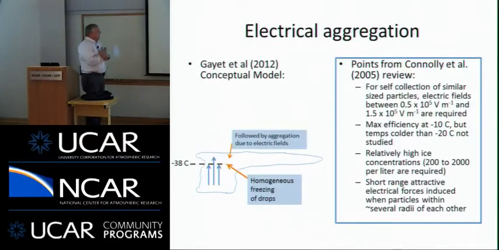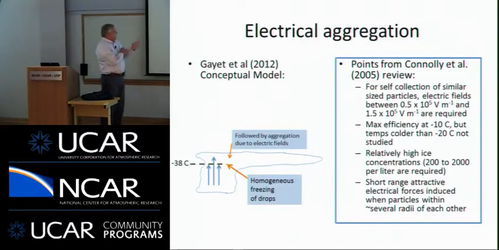The Gaillet model, his paper, suggested that there was homogeneous freezing of cloud droplets, followed by aggregation due to electric fields, which he then sampled in situ.